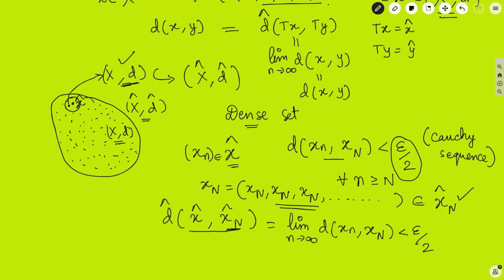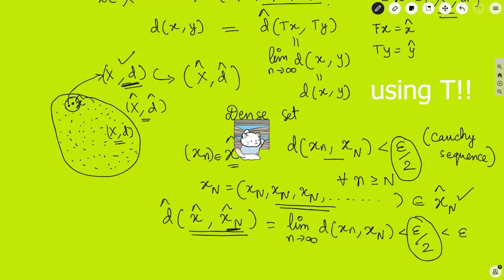So this quantity, the distance between x hat and x_N hat, can be made extremely small. These sequences are the images of our original space, X_d, the way we embedded it. We embedded it using the mapping T_x, which is nothing but all the constant sequences. So you can definitely find a point from that image which is extremely close to this point x hat. Hence this is also dense.